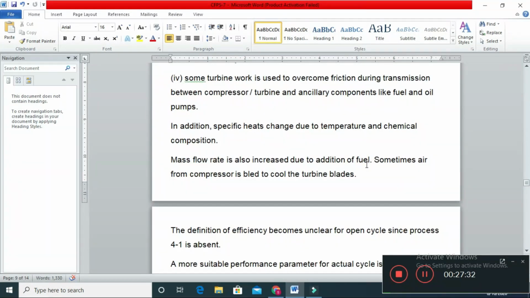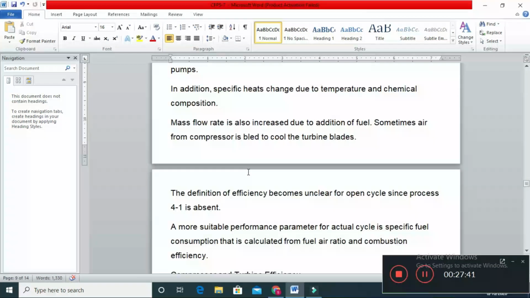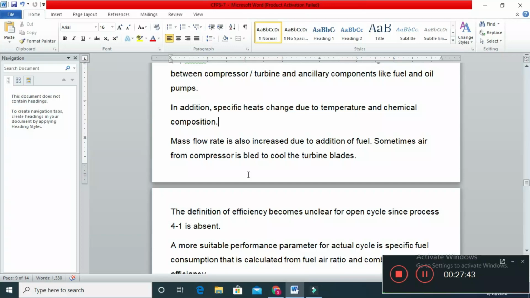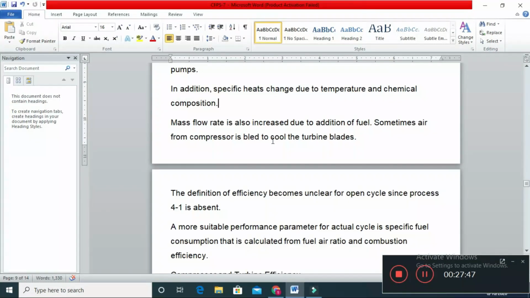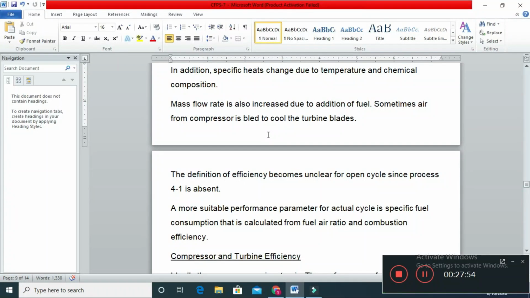Then we also assume that the specific heat is constant in the turbine. In the compressor the specific heat is not changing, but in the turbine this is not the actual case. There is about a 10% increase in the specific heat. Then the mass flow rate is increased due to addition of fuel. Sometimes the air is taken from the compressor to cool the turbine blades.